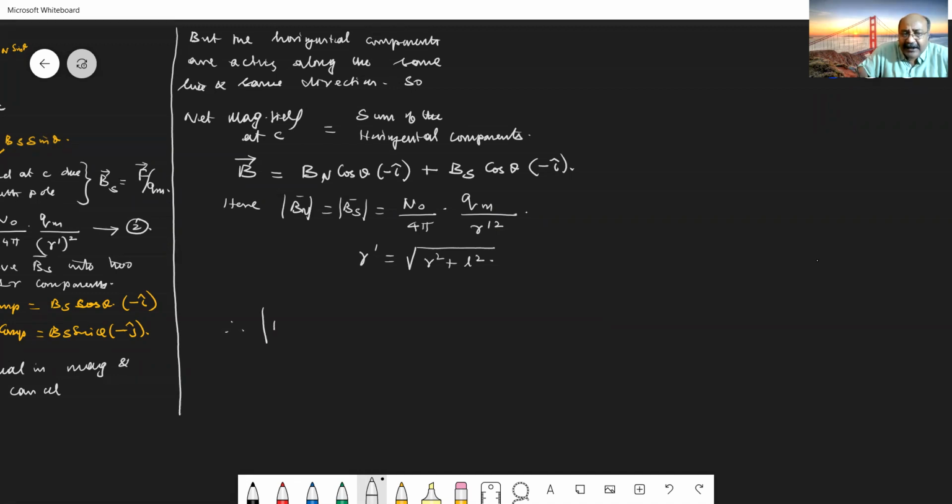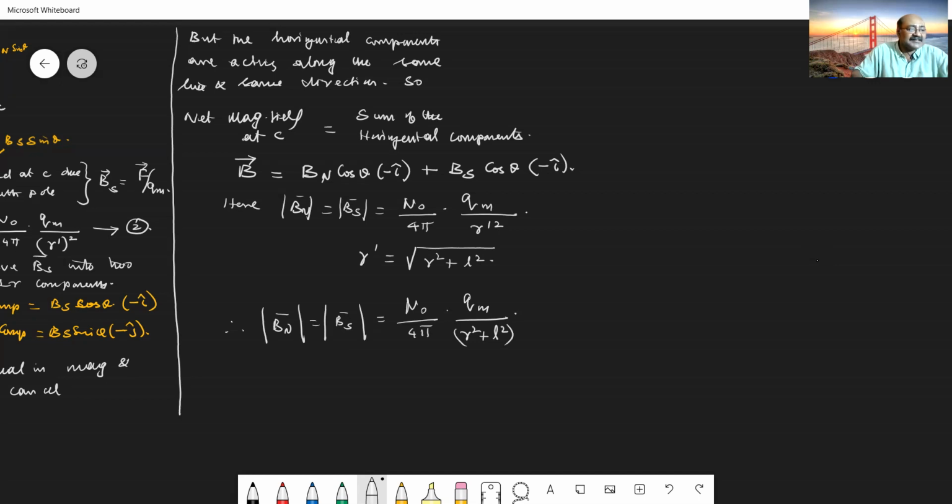Therefore, the magnitude of Bn vector is equal to the magnitude of Bs vector, which is mu 0 divided by 4 pi into Qm by R square plus L square. Take this and substitute it here to get the resultant.